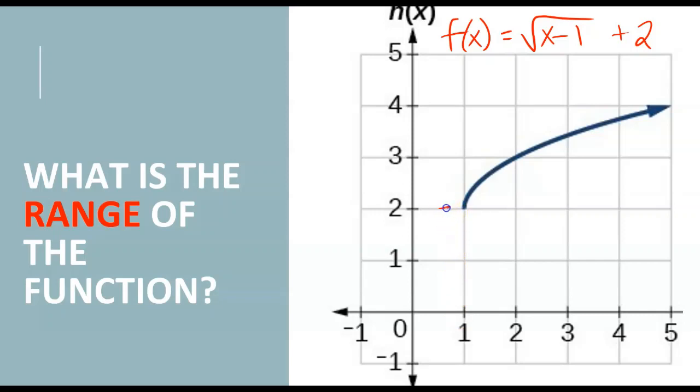So it starts here at 2, and it goes up forever and ever to infinity. So that's 2 infinity and beyond. I had to, sorry, it was too easy. But yeah, your range should be from 2 to infinity. Woo.